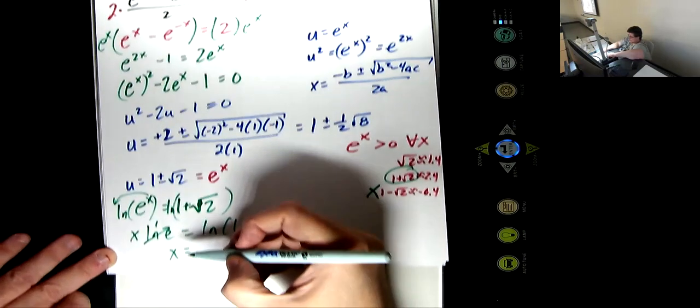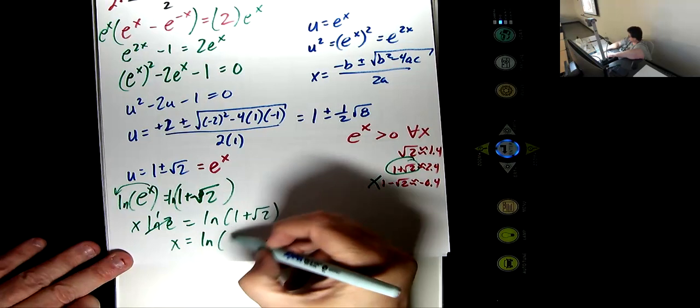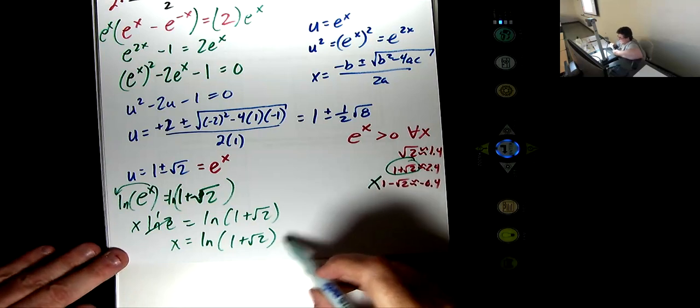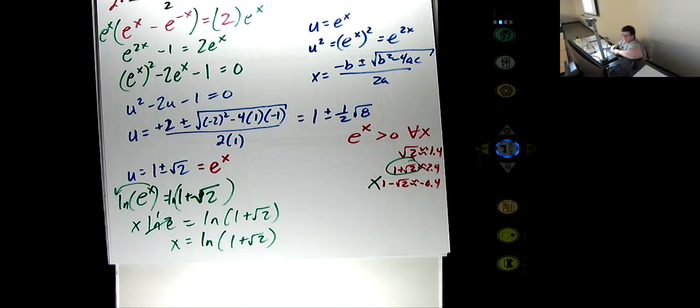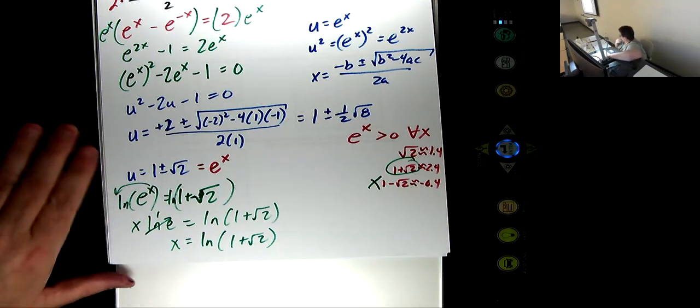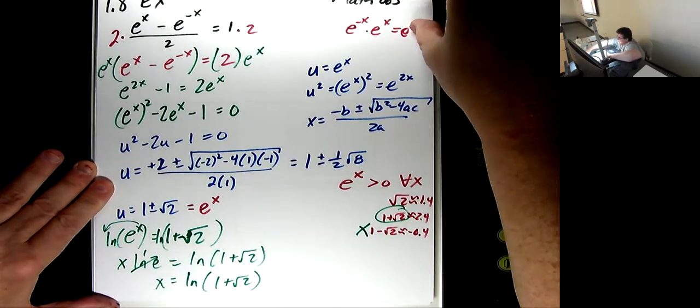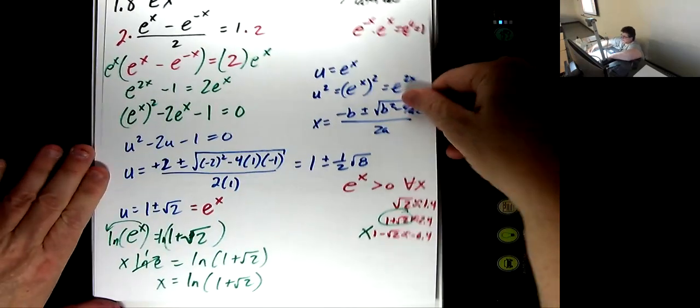So x equals the natural log of 1 plus the square root of 2. You can get a decimal answer for that. I'm just leaving it as is. I want to give you that problem. I also wanted to show you some where you think about how some of the stuff is affected by limits. Let's take a look at another problem with limits.